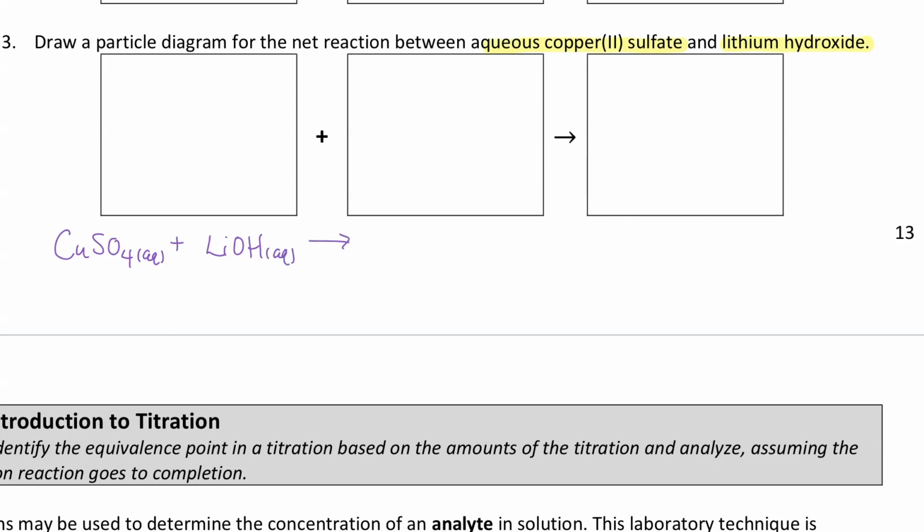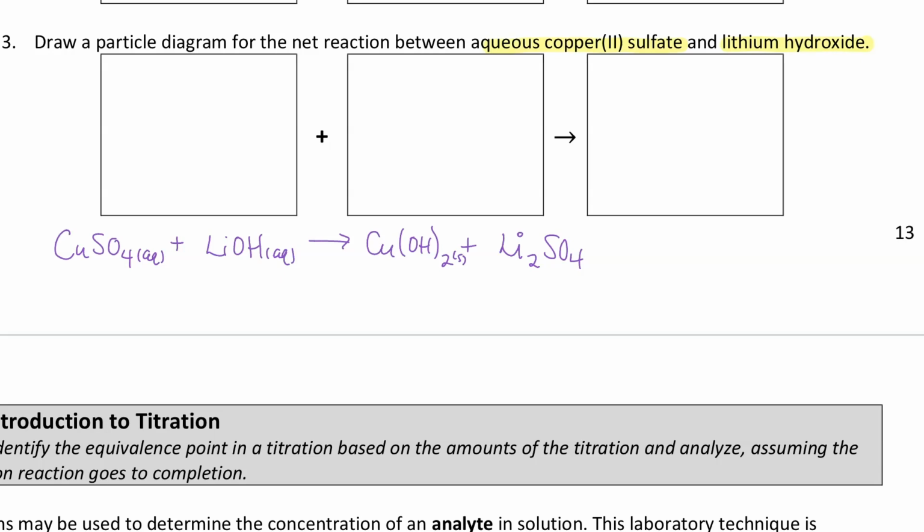And that's going to give me copper-2 hydroxide, and then lithium sulfate.